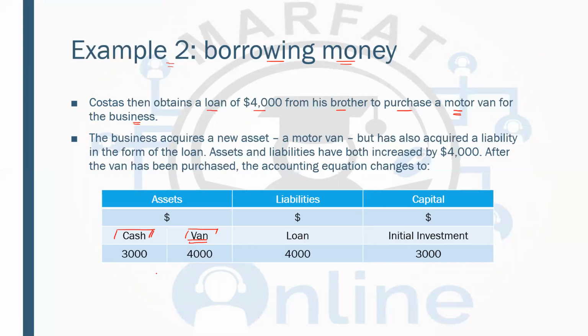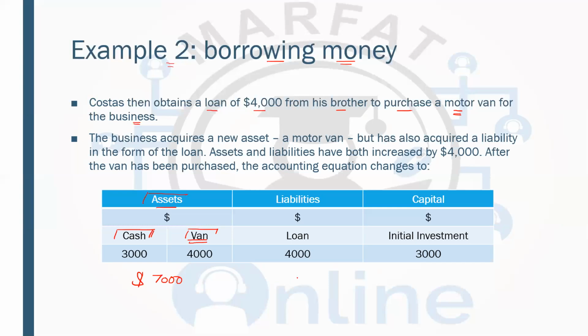So now if you see the total assets which the business is having is $7,000. 3,000 in terms of cash, 4,000 in terms of van. Now, how are these 7,000 worth of assets being financed?